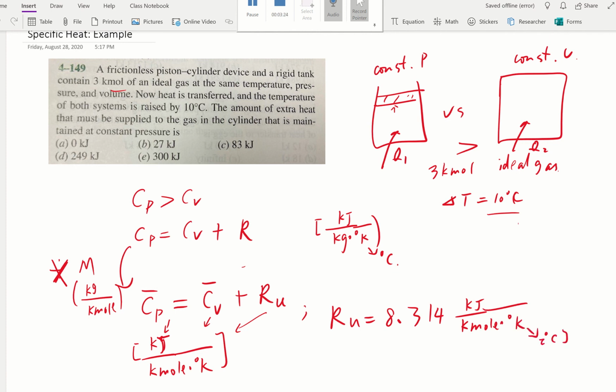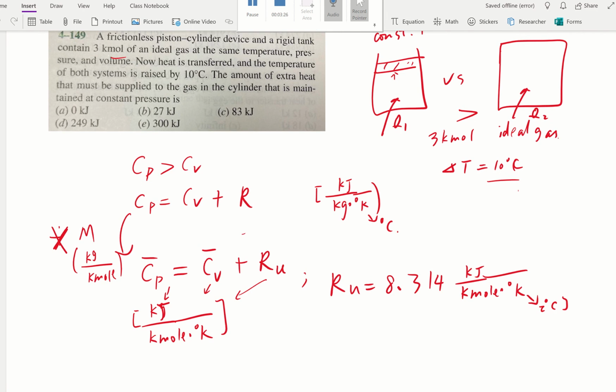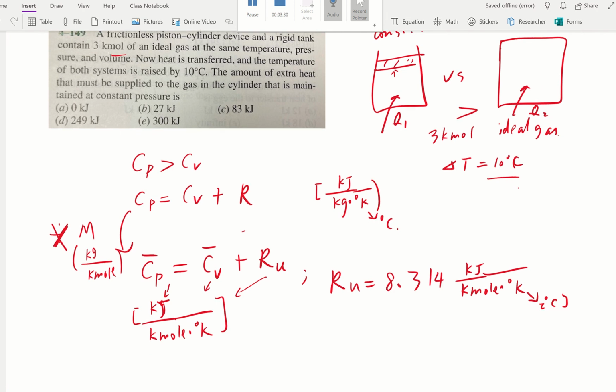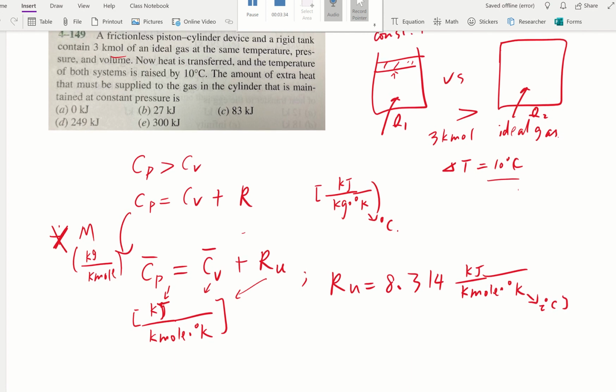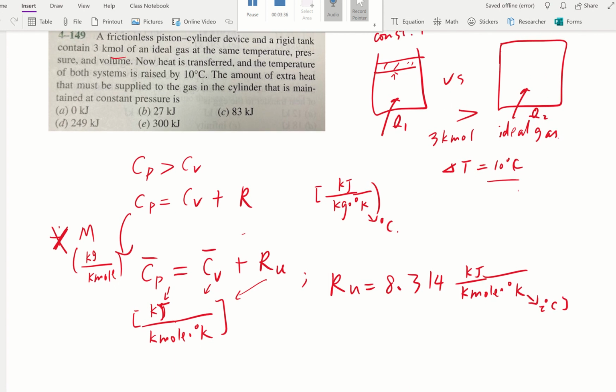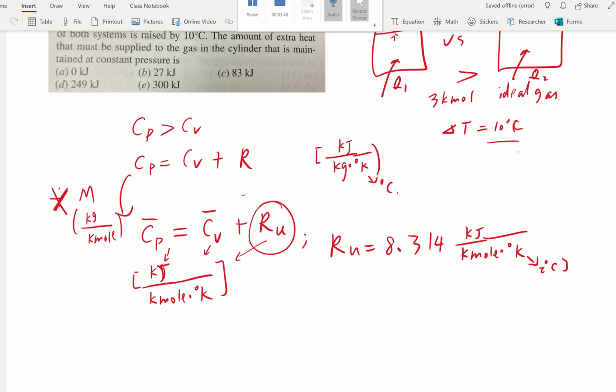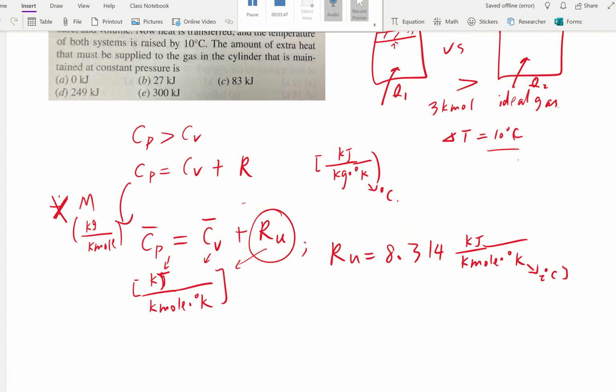So knowing that, we're going to figure out how much extra heat is required. The extra heat results from this Ru, because that extra work is going to be from the Ru.